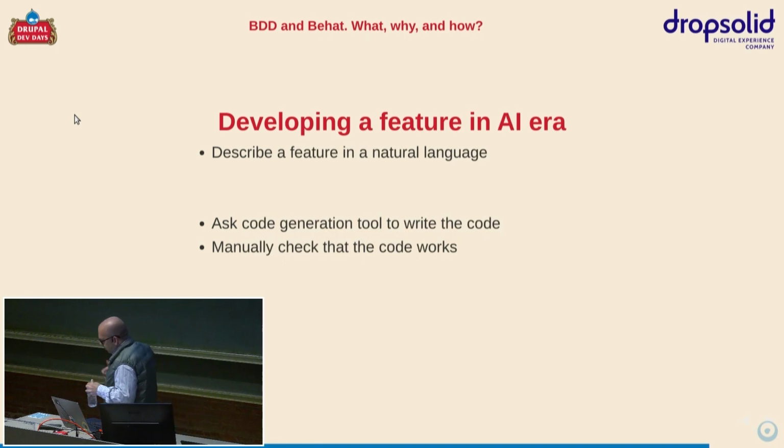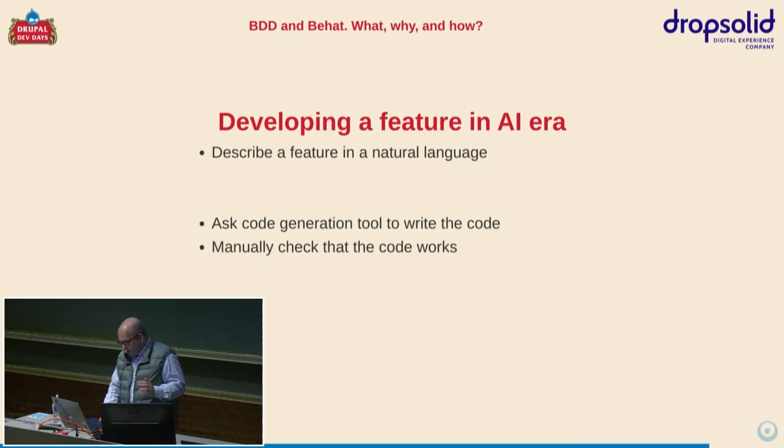So how would I do a new feature today in the AI era? I describe it in natural language. I ask a code generation tool to write the code, and then I manually check the code and ensure that it works, right? That's the flow that you can practice with Claude Code, Windsurf, or whatever tool you use.